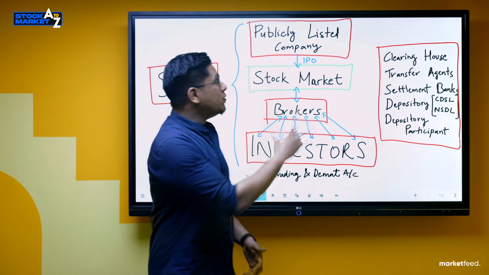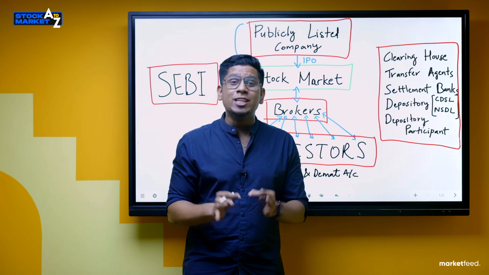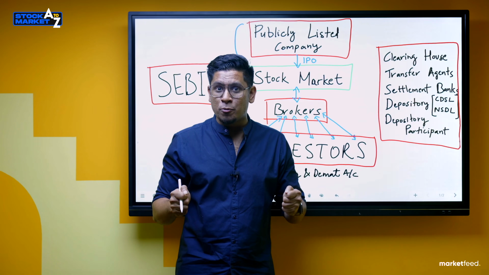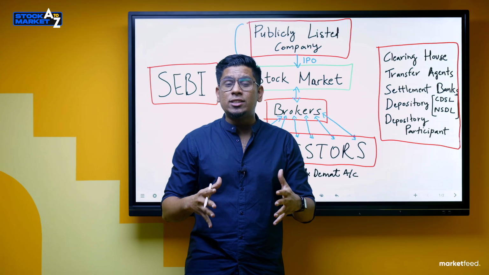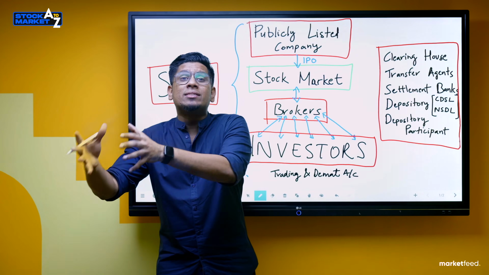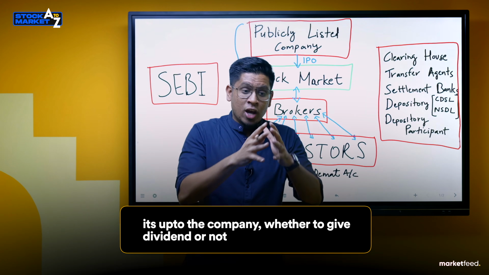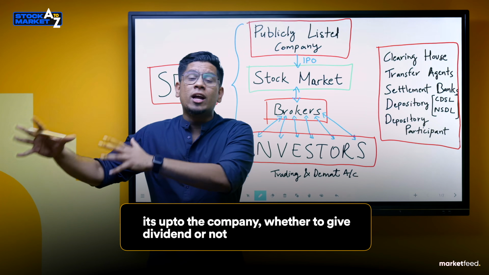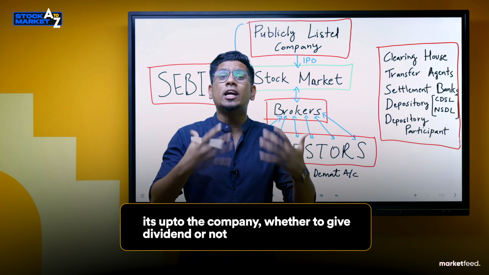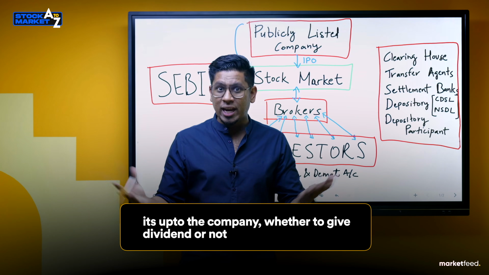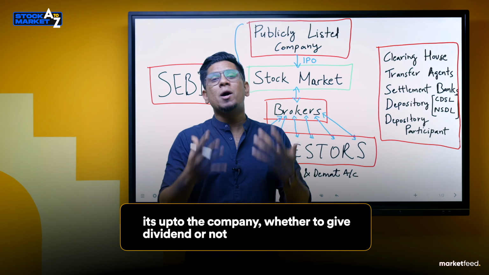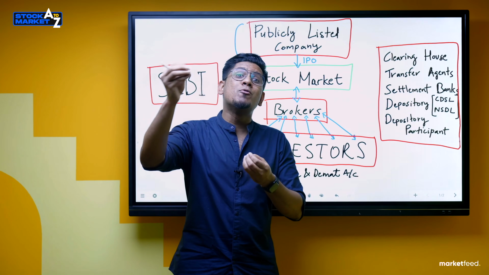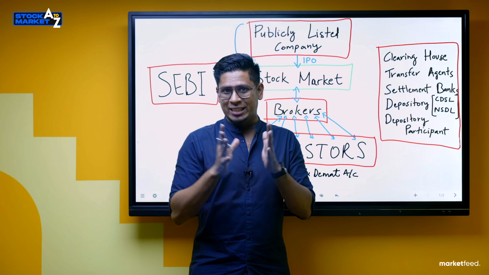For example, if Jignesh Bhai Supermarket in a year is making 100 crore rupees of profit, the company's board decides to give back 10 crore rupees as dividend. So it's not necessary that the complete profit has to be given out as dividend. It's up to the company whether to give dividend or not. They can even decide not to give dividend at all.